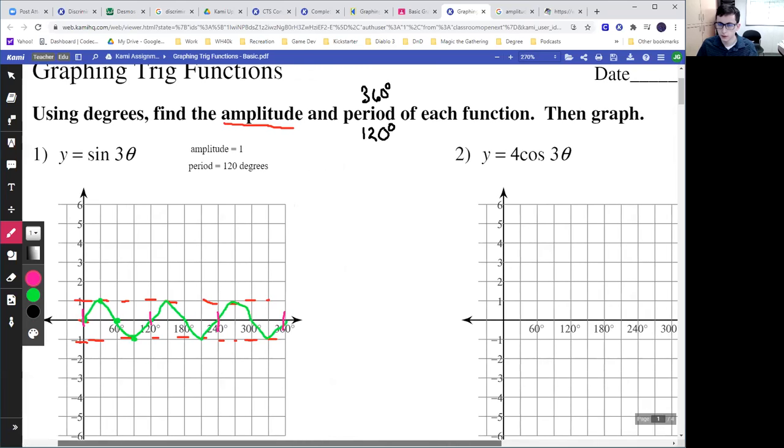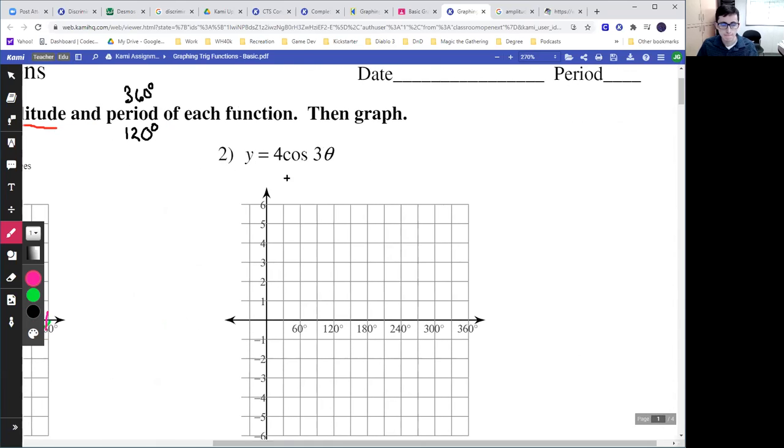So let's go to question 2. Now we're dealing with cosine, first of all, so let's notice that. And let's talk about the period and the amplitude here. The period is once again going to be 1/3 of 360 degrees because of this 3.